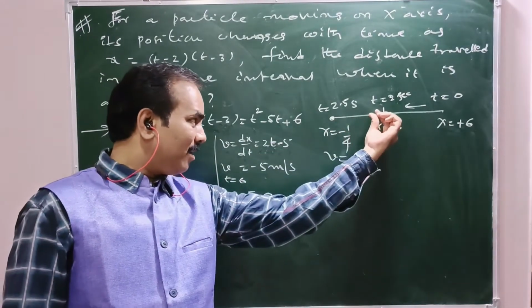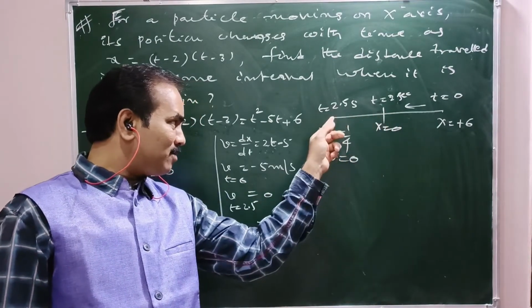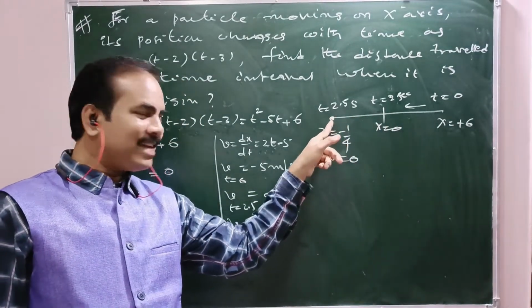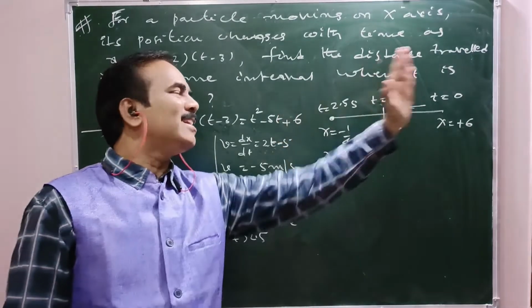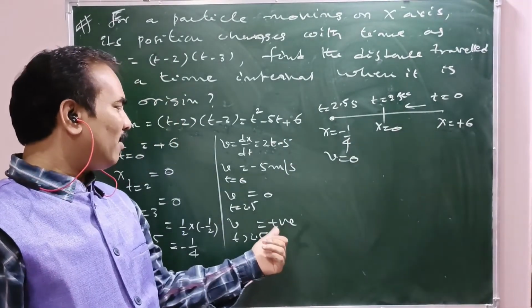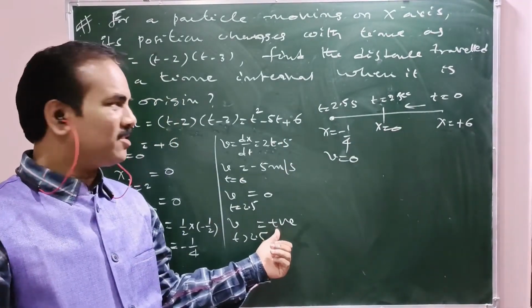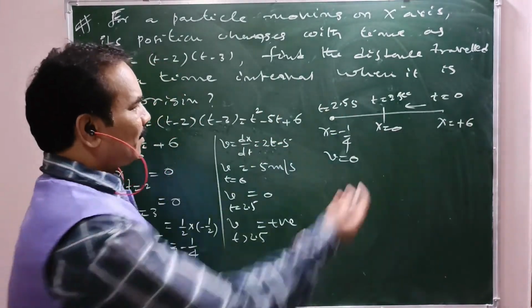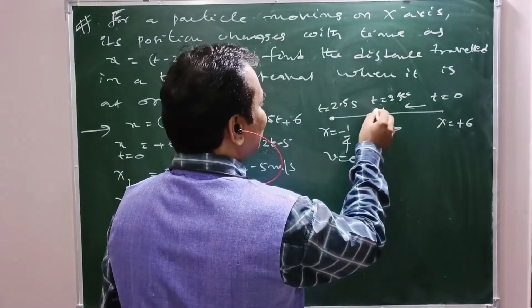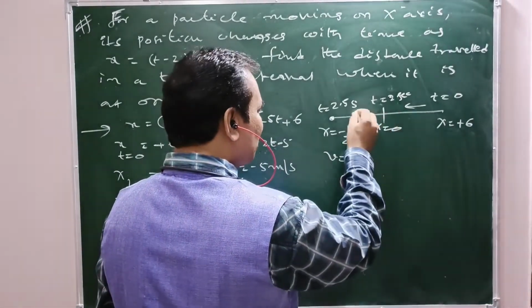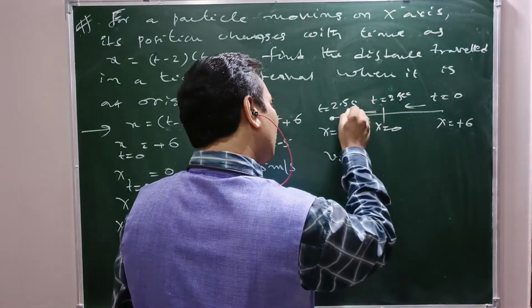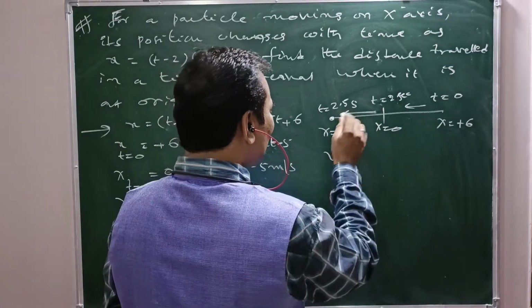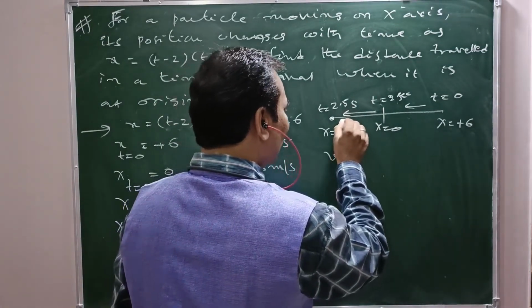Here the particle retards and comes to rest at this extreme position and again retraces. Why? Because velocity is positive beyond 2.5 seconds, which means it starts to move towards the positive x-axis.